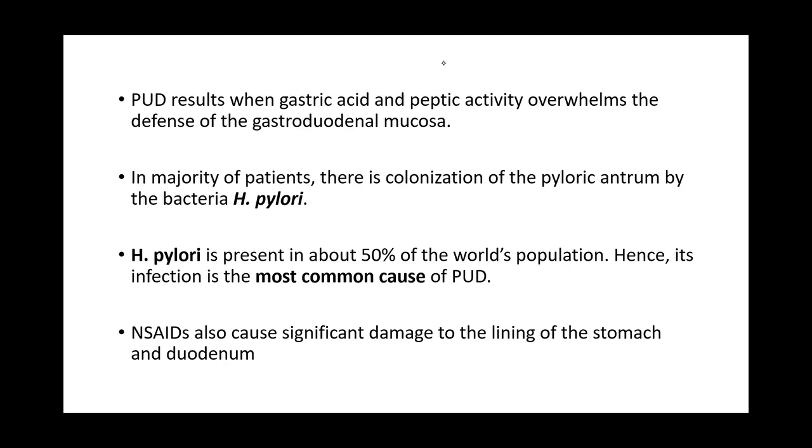Why is that so? Because the majority of the patients with peptic ulcer disease are infected with this bacterium. Now we should know that H. pylori is present in about 50% of the world's population. Hence, its infection is the most common cause of peptic ulcer disease.